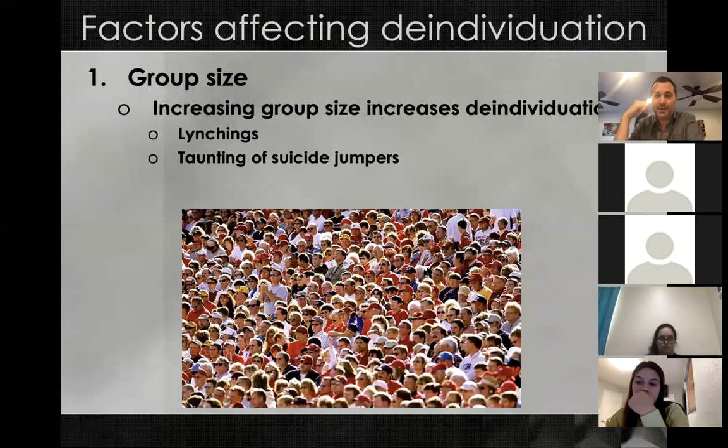It's pretty awful, right? But the key is that you never see this when there's only one person watching. It's only when you get this sort of minimal group size that you start to see these sorts of things actually happening. So again, what we're seeing is that as you increase group size, you're increasing de-individuation.